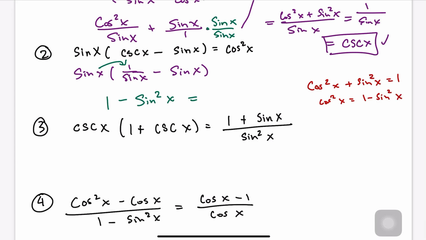And boom, there you are, right? And this, again, is a fundamental trig identity. So you have to get these down. And therefore, we got our answer, sorry, we have cos squared x. So we have that the left-hand side did, in fact, equal the right-hand side. So that's all there is to it.